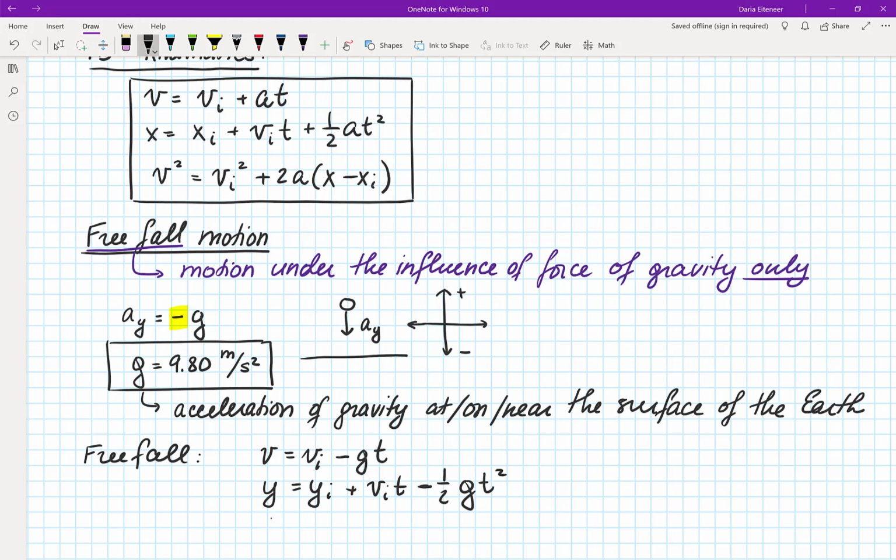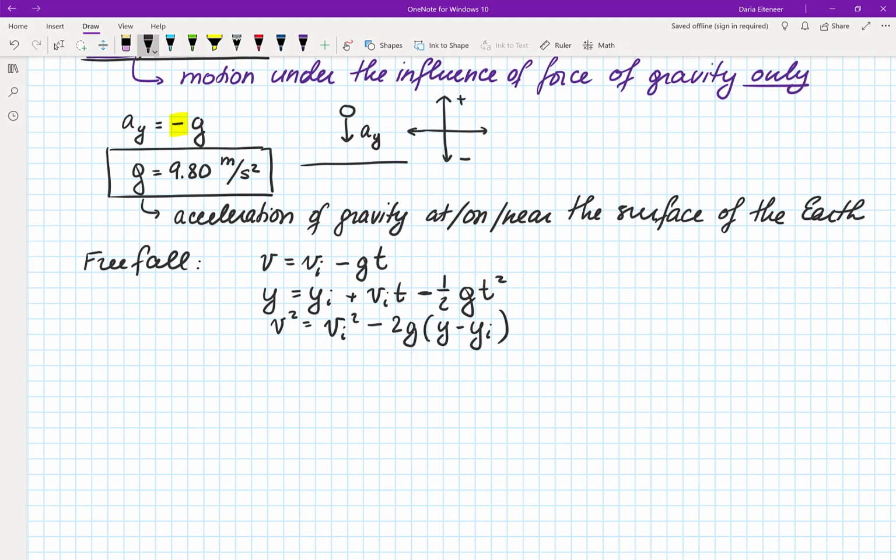And then finally, in this last equation, I have minus 2g times (y minus y initial). Okay. So if you want, you can box these. But again, these are not new equations. These are exactly the same one-dimensional kinematics equations with a particular value of acceleration plugged in. That's all.